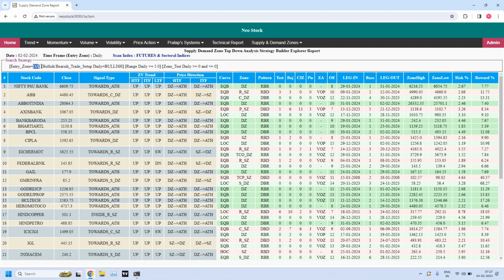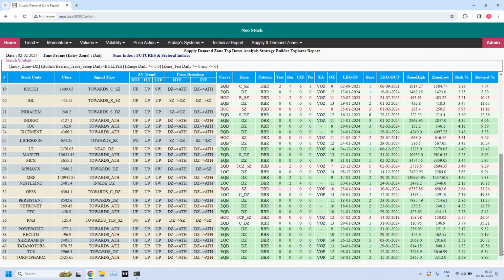Entry zone should be demand zone. For the daily time frame, the trade setup should be bullish, and the minimum range should be at least 5% between demand zone and supply zone, or between demand zone and all-time high. This target should be there. And it should be a fresh zone. That's why the test count should be 0.